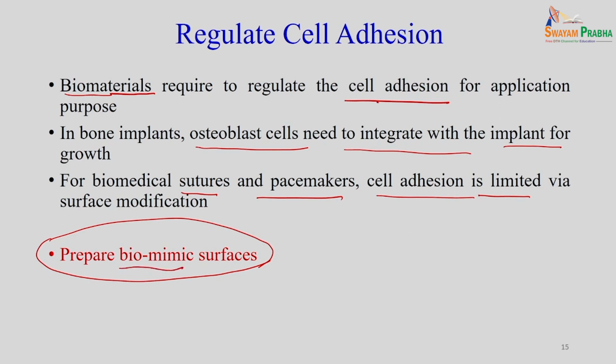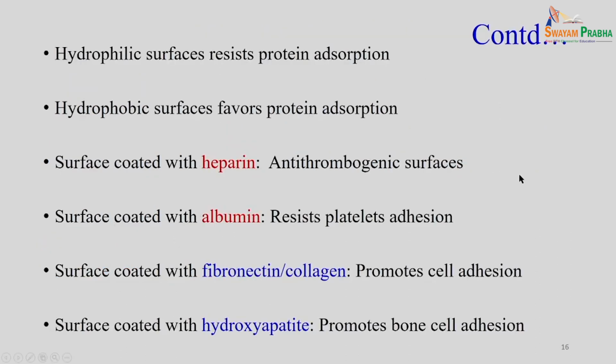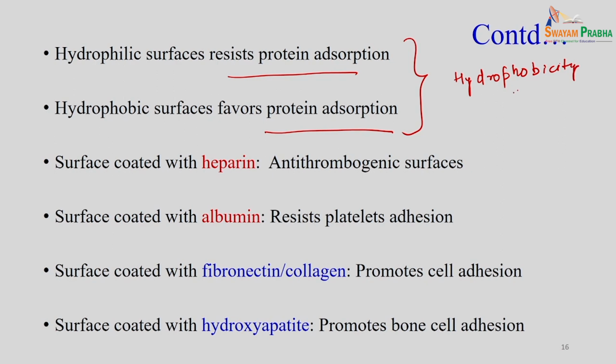So, these are the ways for intended applications we prepare the biomimetic surfaces. So, here both for the protein adsorption and the cell adhesion, hydrophilic surfaces resist the protein adsorption or they minimize the protein adsorption. Hydrophobic surfaces favor the protein adsorption, but these two cases again depend on what is the hydrophobicity of the protein.